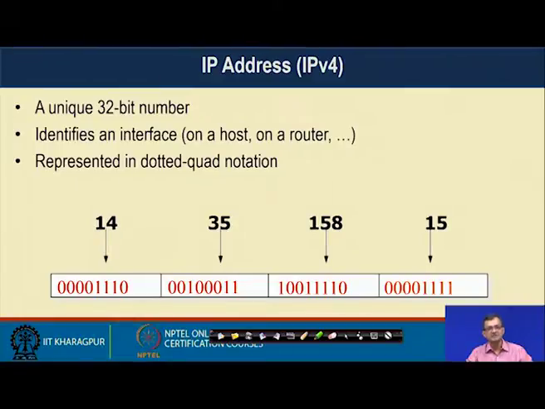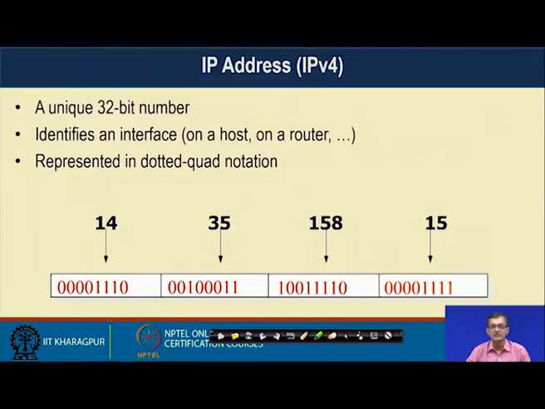So, the IP address is something all of you already know. As of now we are talking about IPv4, and all our dealing with routing will be primarily based on IPv4. It is a 32-bit address, written as 8 bits dot 8 bits dot 8 bits dot 8 bits, right, and it uniquely identifies a particular machine, providing a logical address to a system connected to the internet.